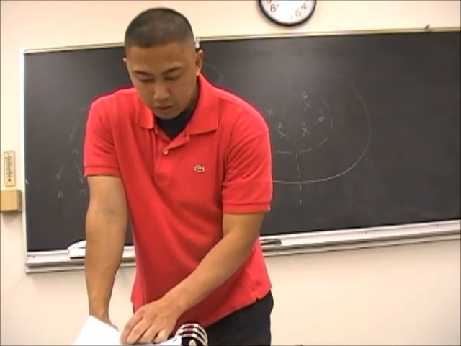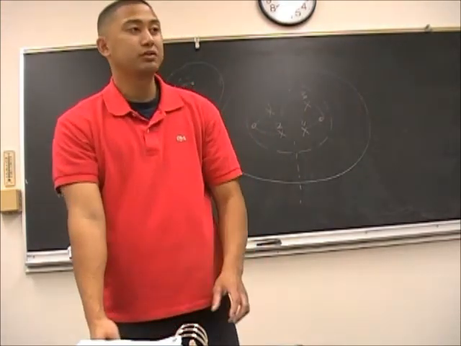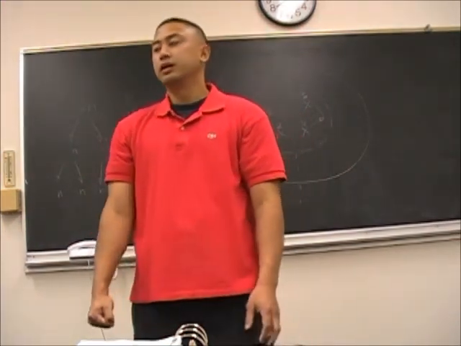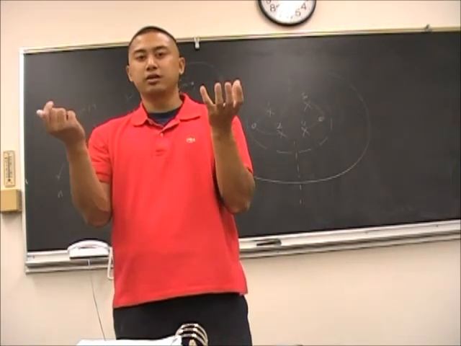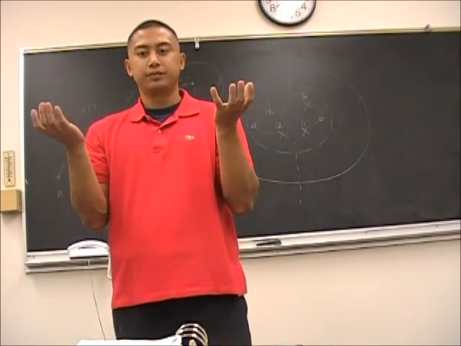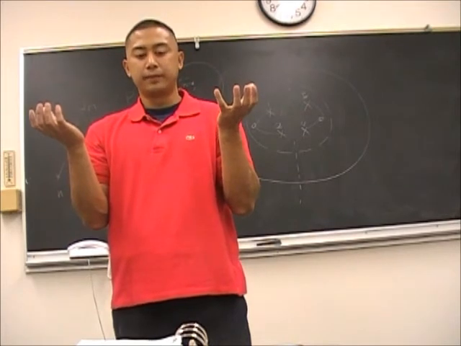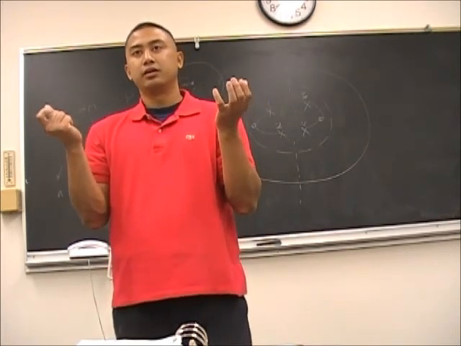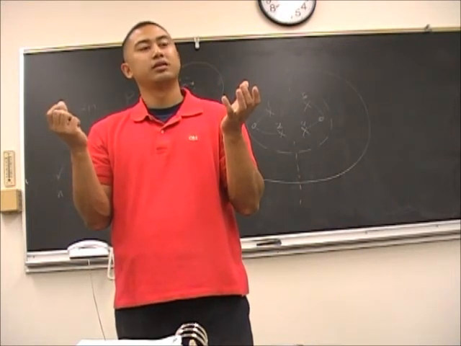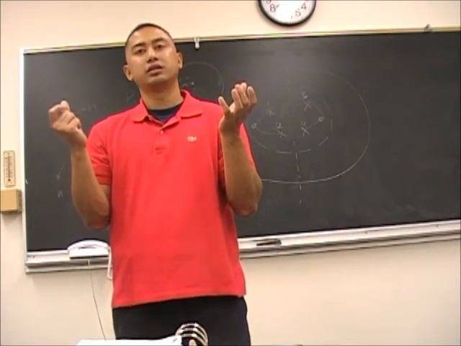Okay, so any questions with meiosis? Your choices are mitosis or meiosis. Copy machine: mitosis. Sex machine: meiosis. Haploid cells made: meiosis. One cell division. Two cell divisions.